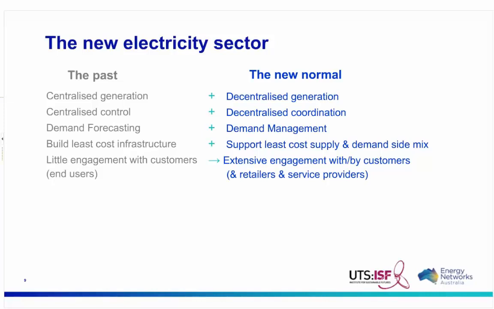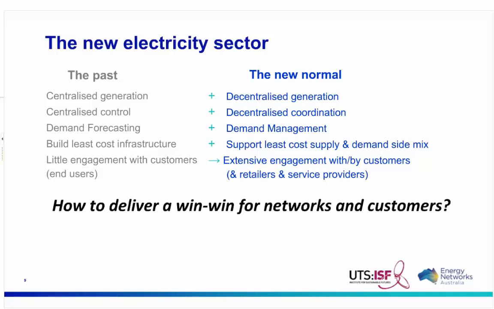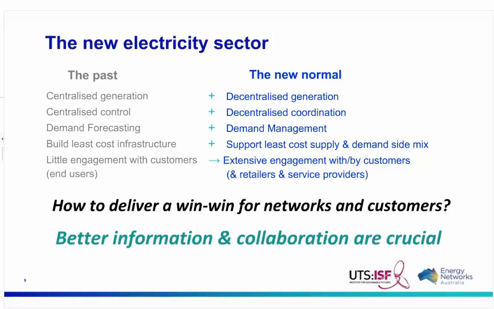So in this new paradigm, in this new decentralized energy ecosystem, how do we ensure that we deliver a win-win for customers and for the network? And in doing that, I think it's quite clear that better information and collaboration are absolutely crucial, and that's exactly what we're focused on with the network opportunity maps.